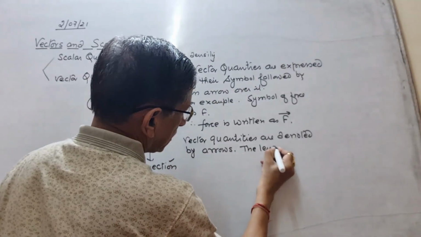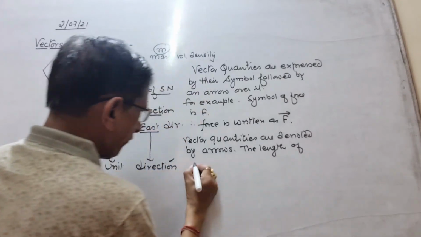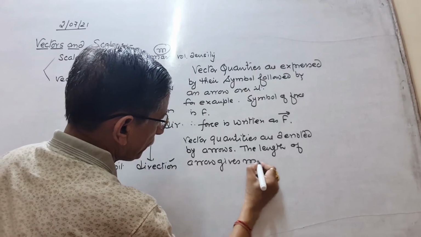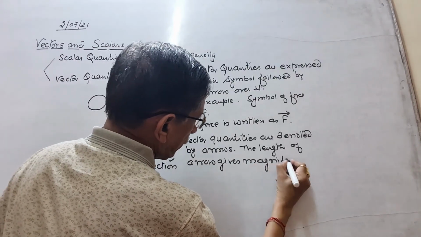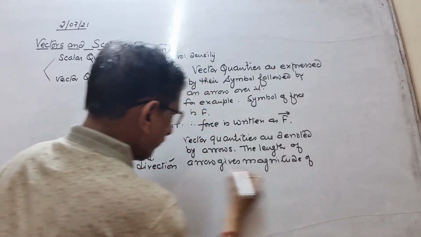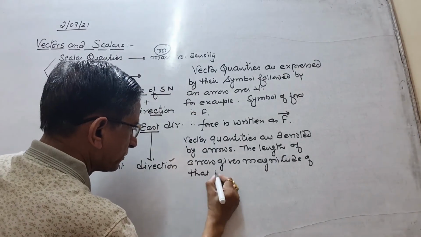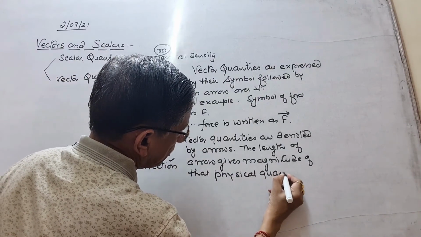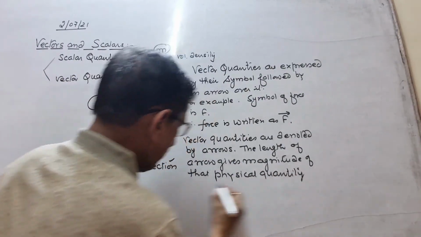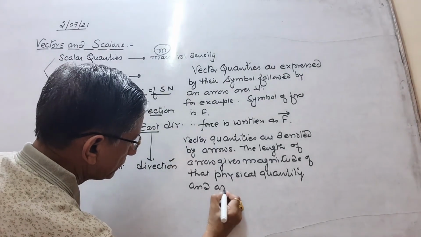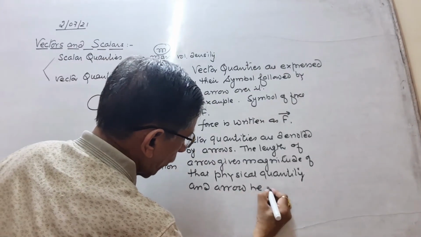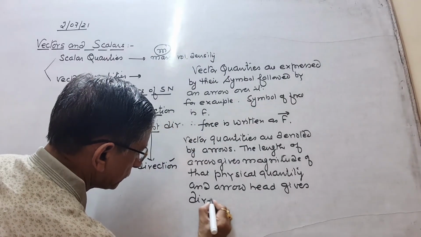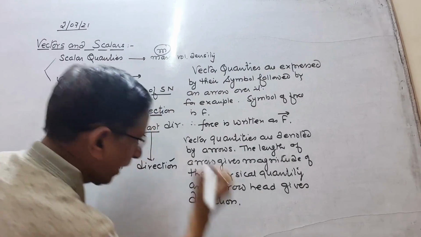The length of the arrow gives the magnitude of that physical quantity, and the arrowhead gives the direction.